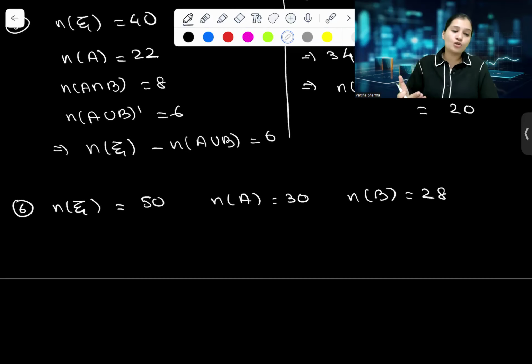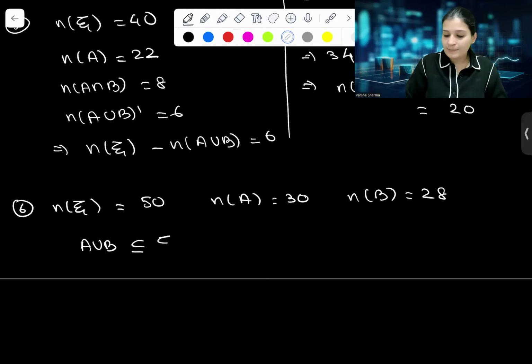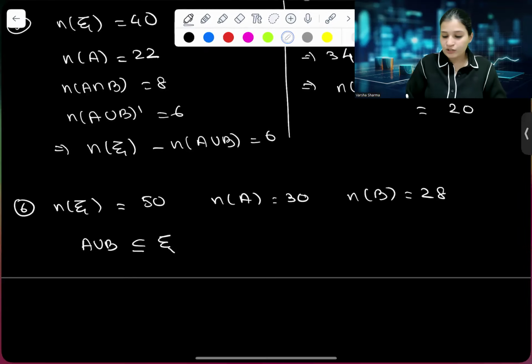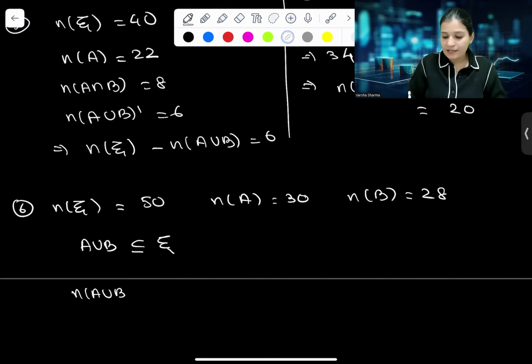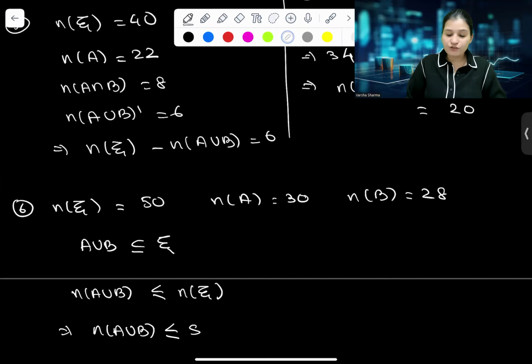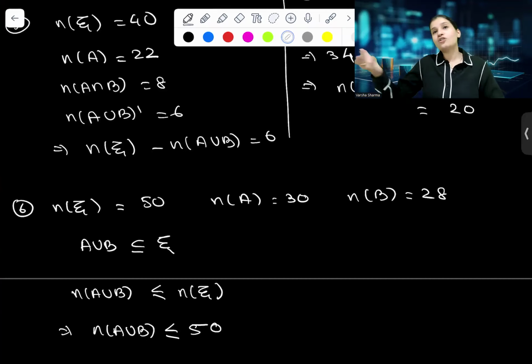Union can be at most equal to the universal set. It cannot go beyond that. The union of two sets is a subset of the universal set, so the number of elements in the union of two sets has to be smaller than or equal to 50. It cannot go beyond 50.